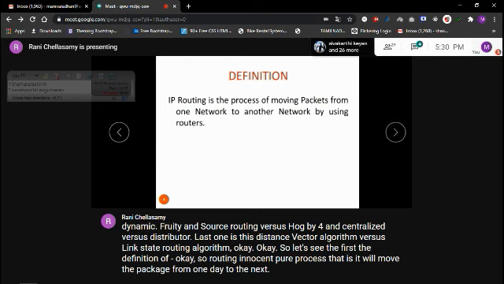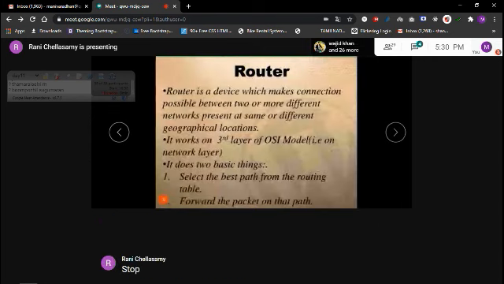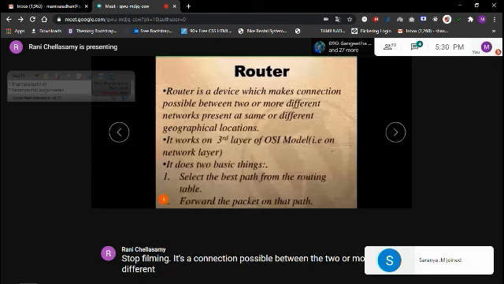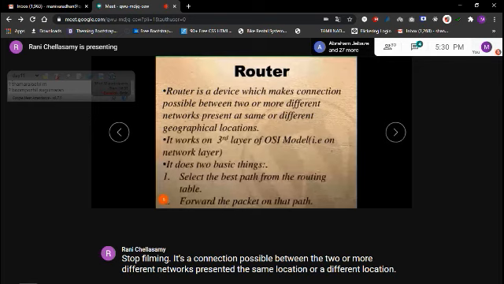So router means it's a networking device which makes the connection possible between two or more different networks present at the same location or at a different location. So that's the main purpose of router.